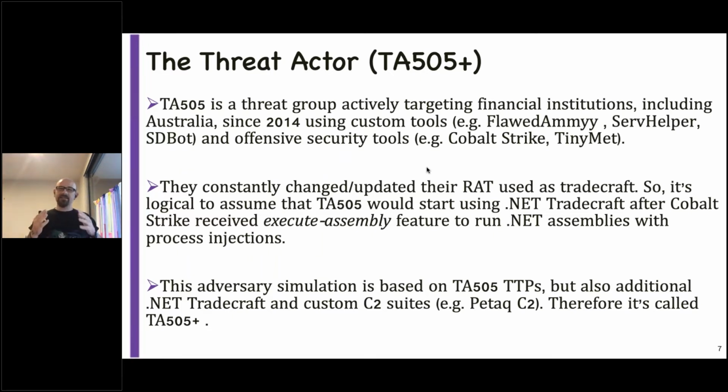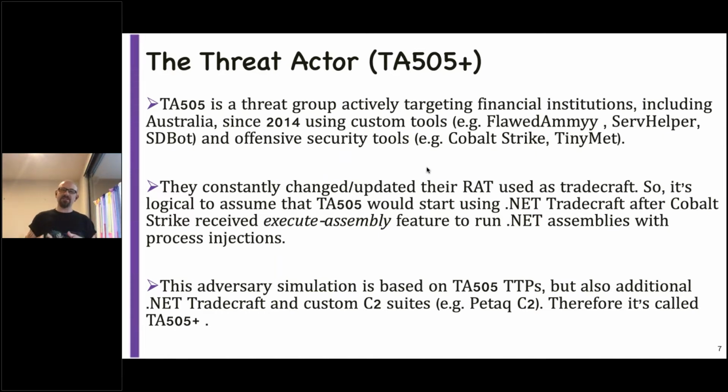And it is mainly utilizing almost all cutting edge techniques, such as utilizing .NET features. Because Cobalt Strike has this execute-assembly feature, and with Covenant, SilentTrinity, there are lots of .NET tools around. So they may start using .NET tools instead of their old tool sets. When they change this perspective, what would we do? That was the question motivating me to prepare this.